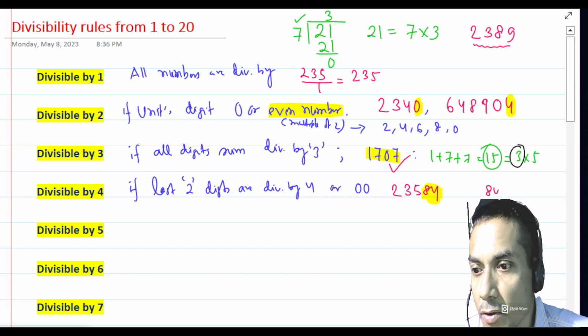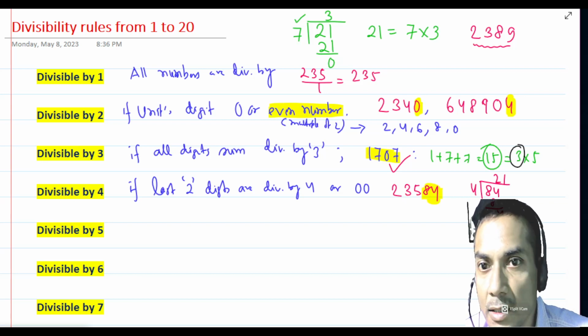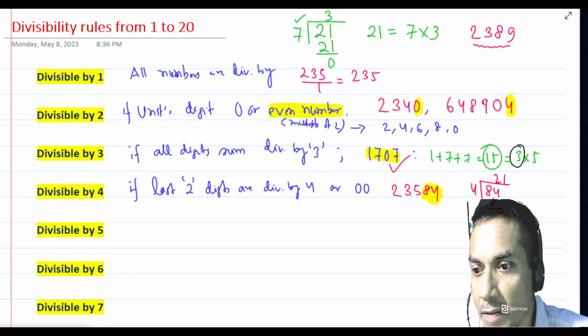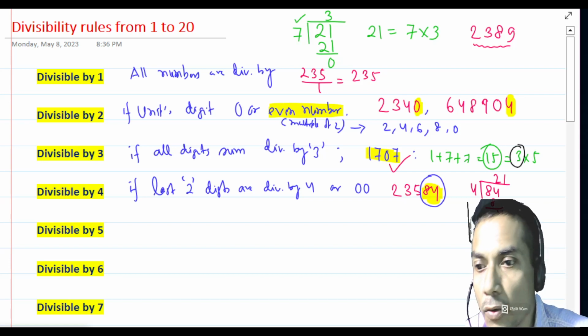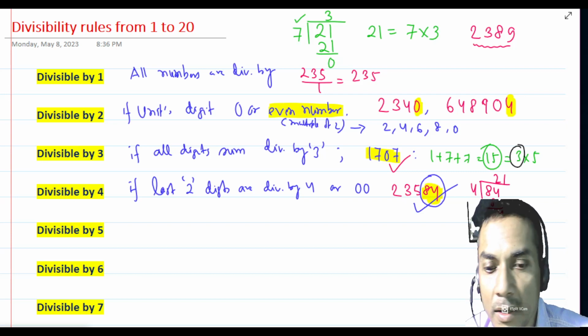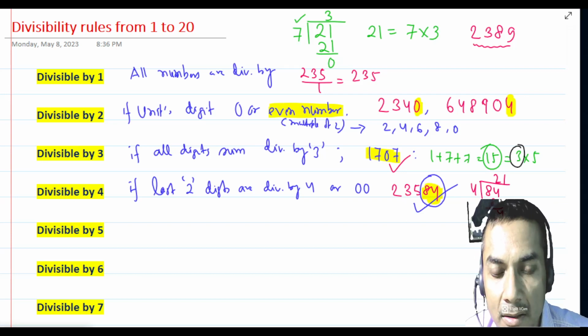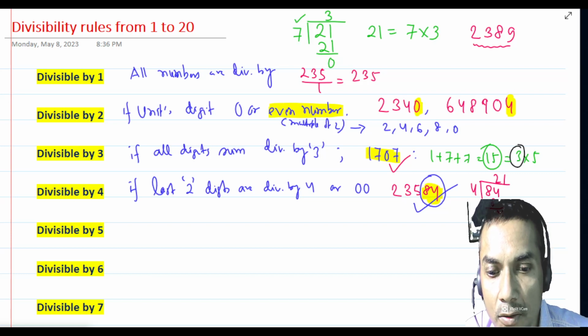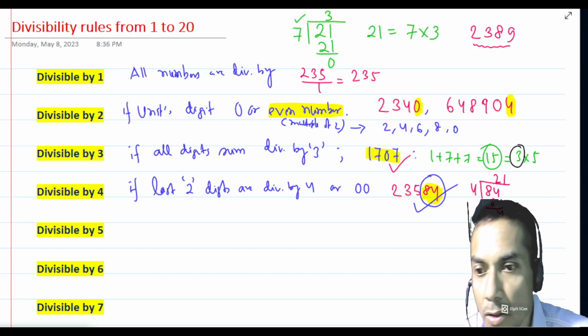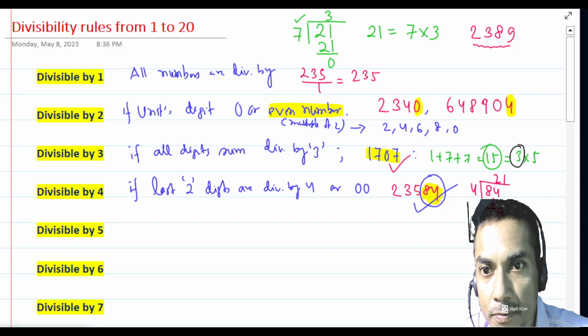And 84, if we divide by 4, we get 21. So since 84 is divisible by 4, you can say that this number is divisible by 4. I give you another example. 4500 divided by 4, what will we get?